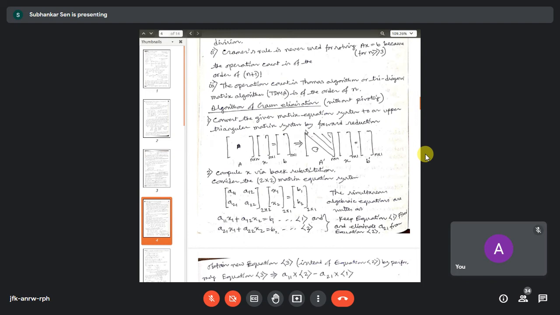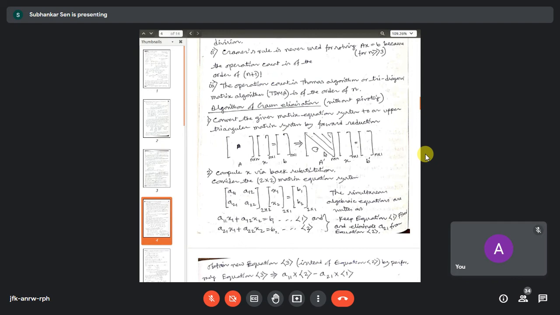In the last row of this particular matrix, you have only one term. The right hand side is b1, b2, b3 up to bn, and the last term is b dash n. So here a dash n xn equals b dash n. One equation, one unknown, you can easily calculate xn.